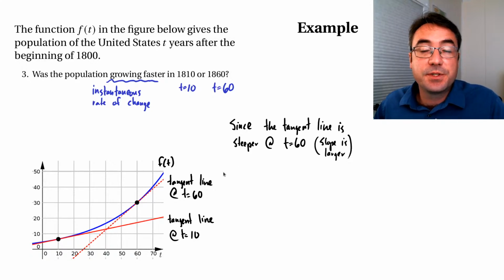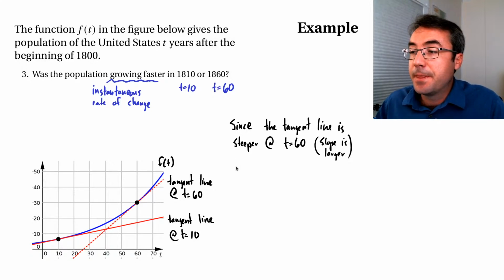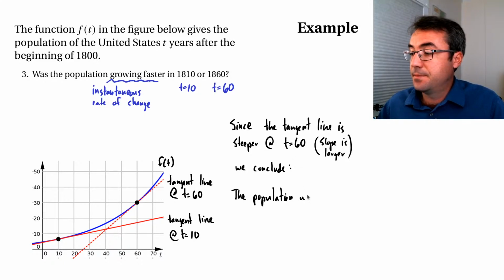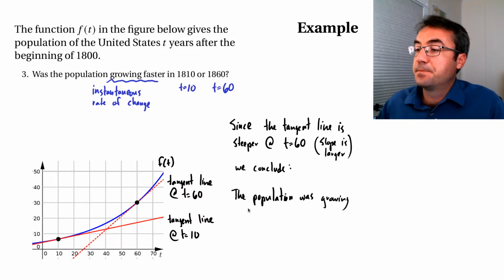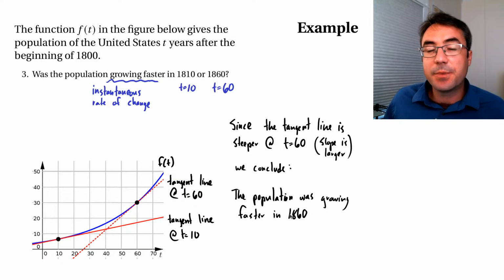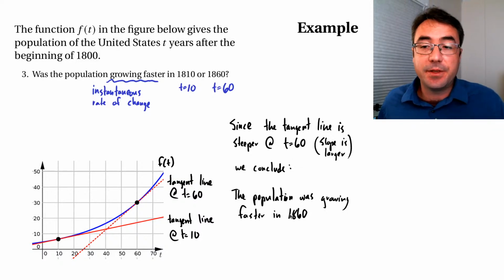Since the slope is larger at t equals 60, we can conclude that the population was growing faster in the year 1860 versus the year 1810. So in 1860, our population is growing faster than in the year 1810.